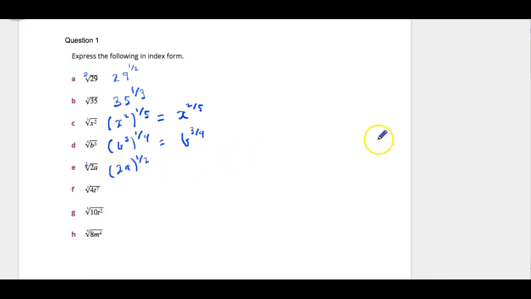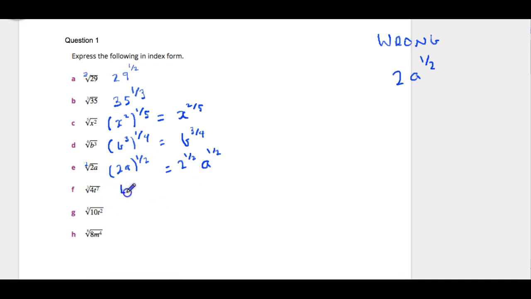Just make sure, this is wrong if you wrote 2a to the power of a half, because you're basically telling me that only the a is to the power of a half, but in fact the 2a is all to the power of a half. So we have 2 to the power of a half and a to the power of a half. You can separate them like that or leave it as the brackets.